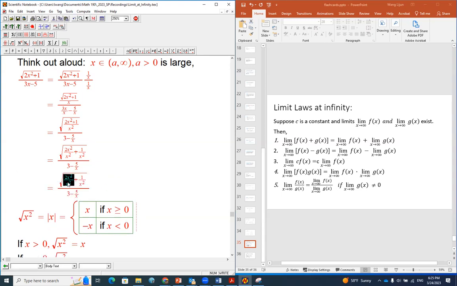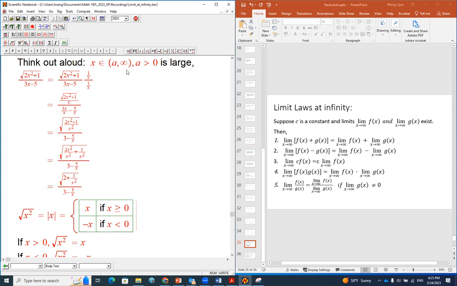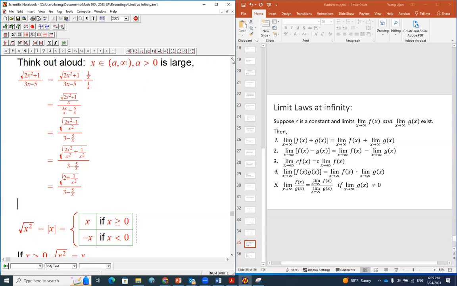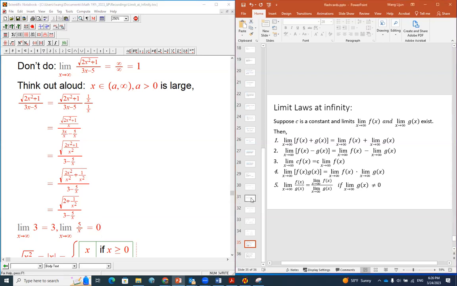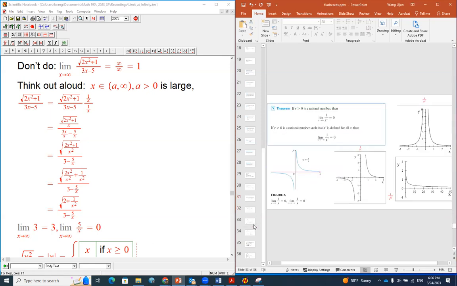These limits: the limit of 3 equals 3, and the limit of 5 over x, or 1 over x, that's 0.